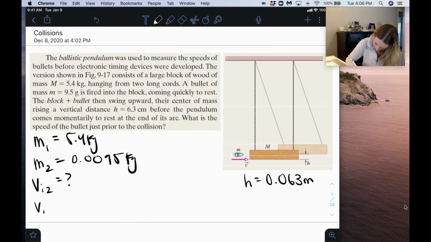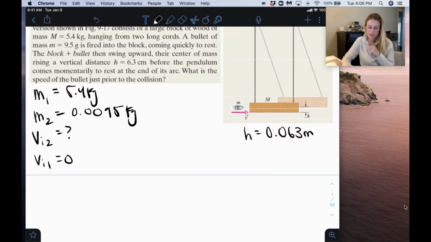So V initial 1 is 0. In order to find the initial velocity of the bullet, I need to find the final velocity after that collision. So final velocity equals question mark as well. This is the first thing I need to find from conservation of energy, because the final velocity after the collision will be my initial velocity for conservation of energy.